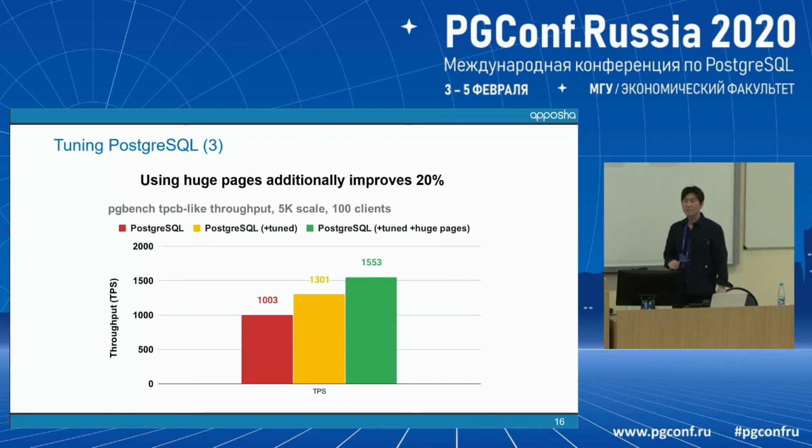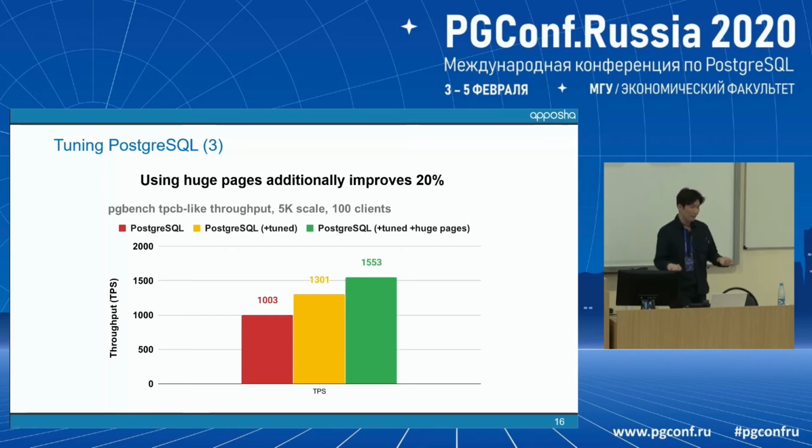To alleviate this problem, I used huge pages, because based on the analysis for this test, PostgreSQL uses about 8 gigabytes of page tables. PostgreSQL is implemented as multi-process, so one process needs one dedicated page table. It's not the same for a multi-threaded application like MySQL.